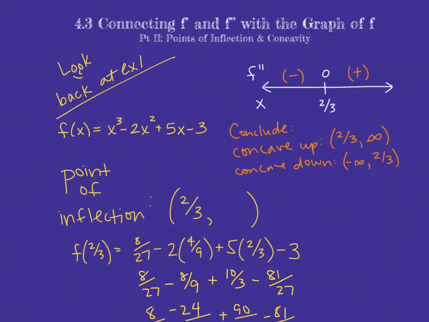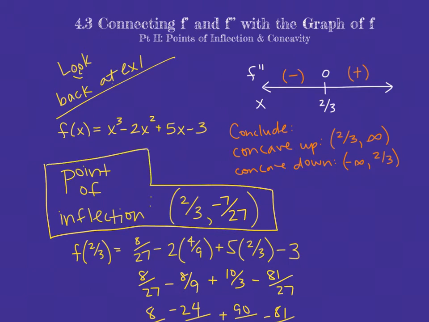I don't have my calculator with me, so I did the math really quick on what the y value would be by plugging in 2/3, and I got negative 7/27. I'm going to hope that that's right. I did, of course, plug that back into our original function f of x because we are looking for the y value on our original function. We're looking for the point of inflection, which is on our original function.